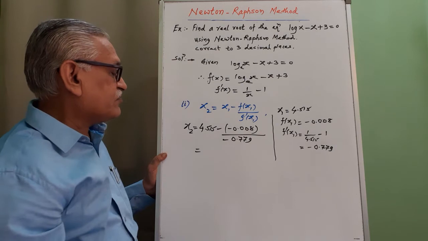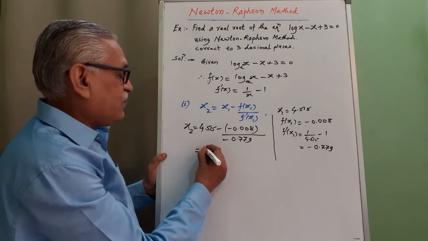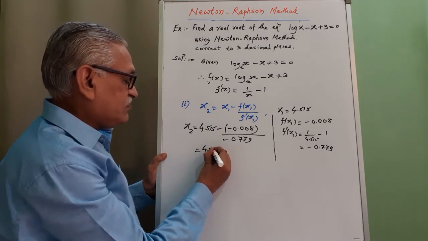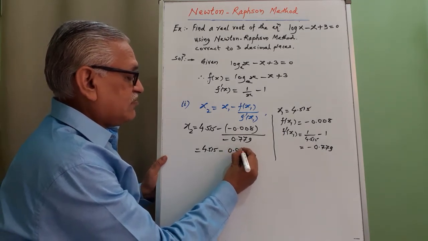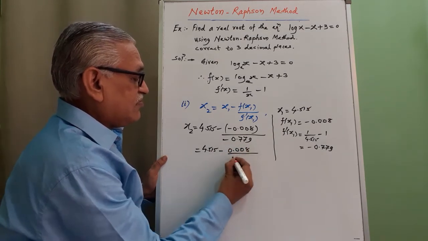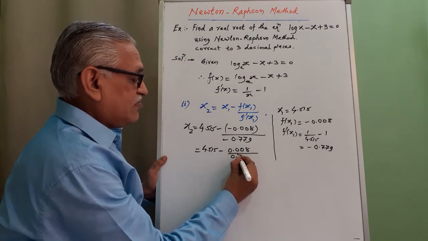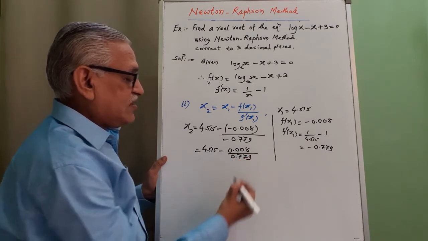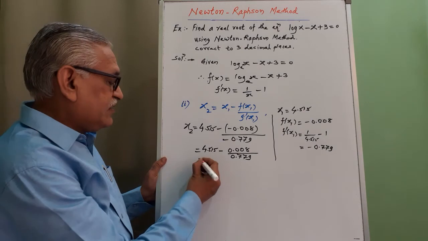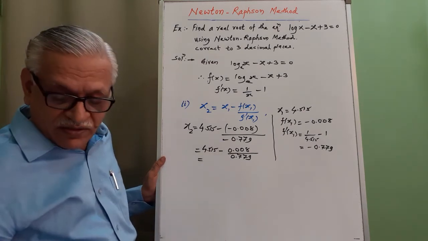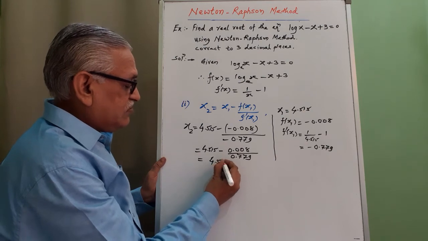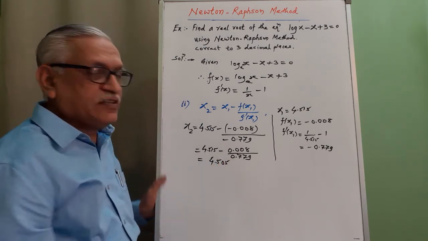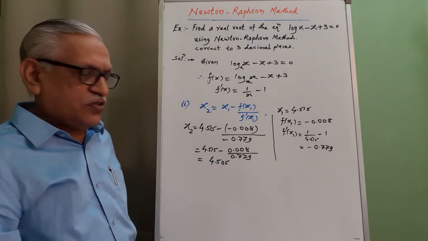and therefore it is 4.515 and by calculator we get that value as 4.505 as the new approximation for the root.